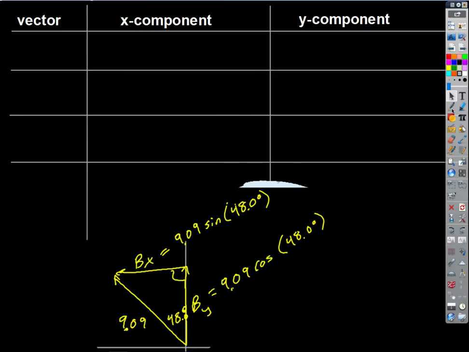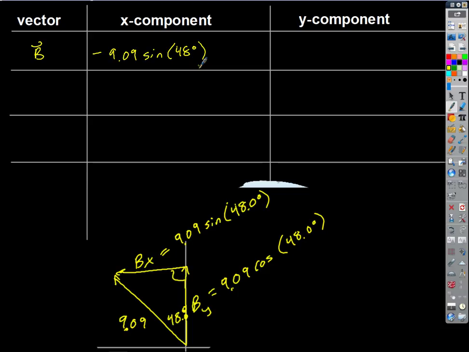So what goes where? This is vector B for boat. What's the X component? 9.09 sine. Positive or negative? Negative. How come? It goes to the left, pointing in the opposite X direction, the negative X direction, right? So up here we're going to do negative 9.09 sine 48 degrees.